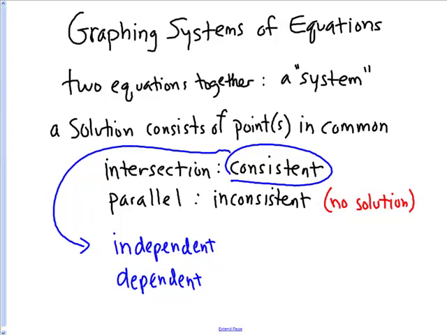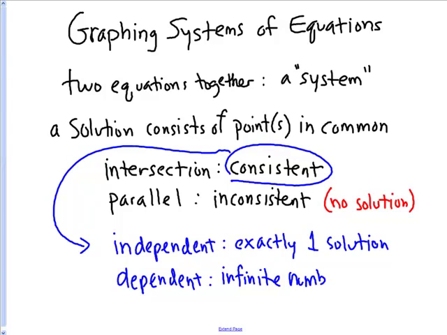An independent system is a system that has exactly one solution. A dependent system has an infinite number of solutions. In other words, when we graph it, we end up graphing the same line.